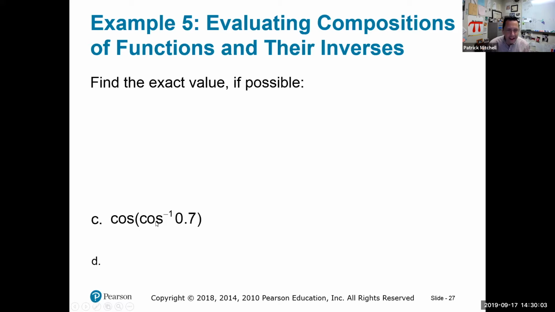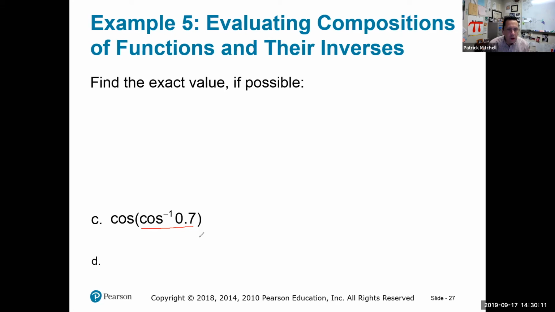All right, let me say that again. What is the cosine of an angle? Because remember, this thing right here is an angle. What is the cosine of an angle whose cosine is 0.7? Well, that is much less complicated than what we were just talking about. That cosine would be 0.7.